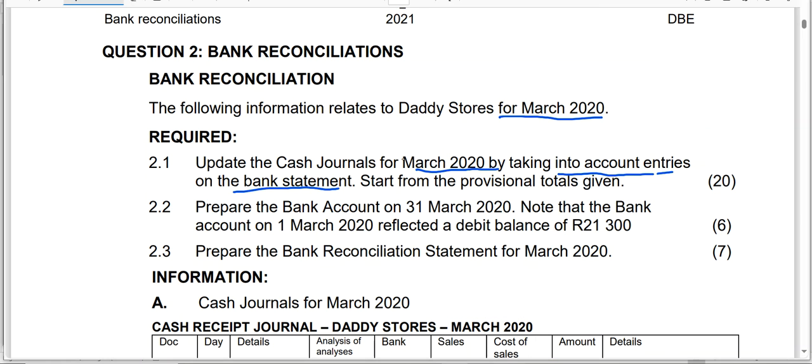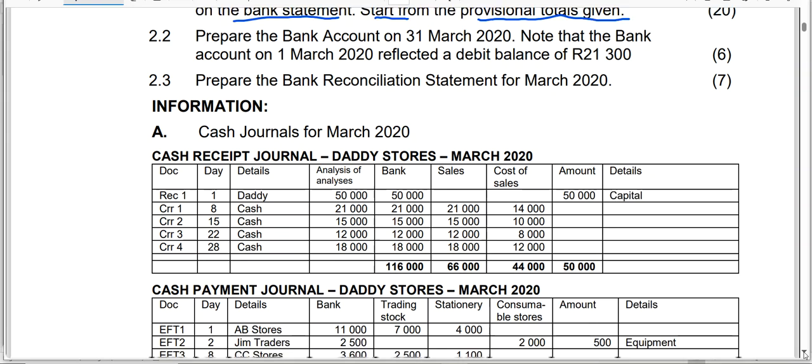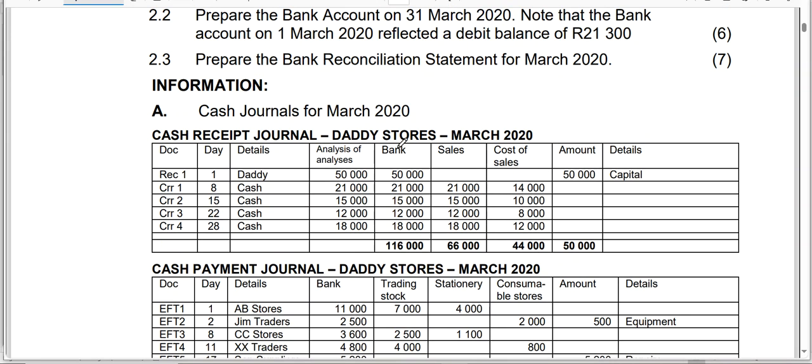Okay, now the instruction here says that you need to start with the provisional totals given. In other words, take the totals of the journals that are given to you down there and include them as part of your starting. Remember, you are updating this journal, so it will make sense to take the totals of the bank accounts.